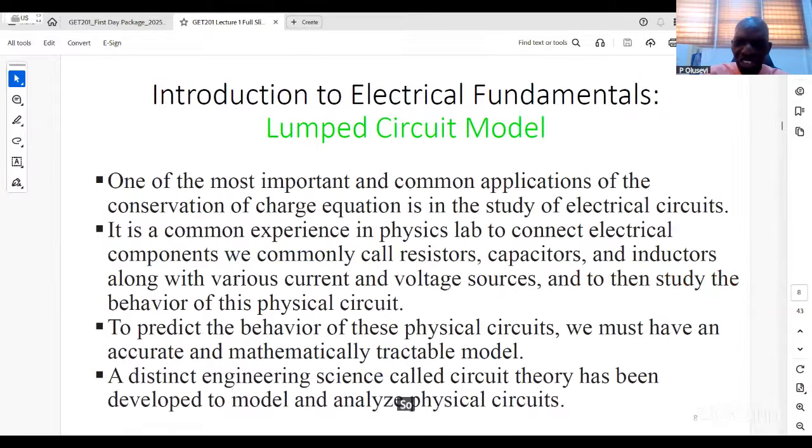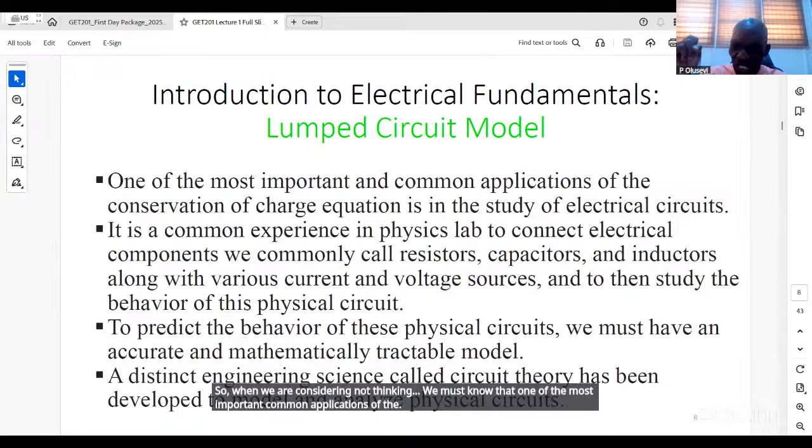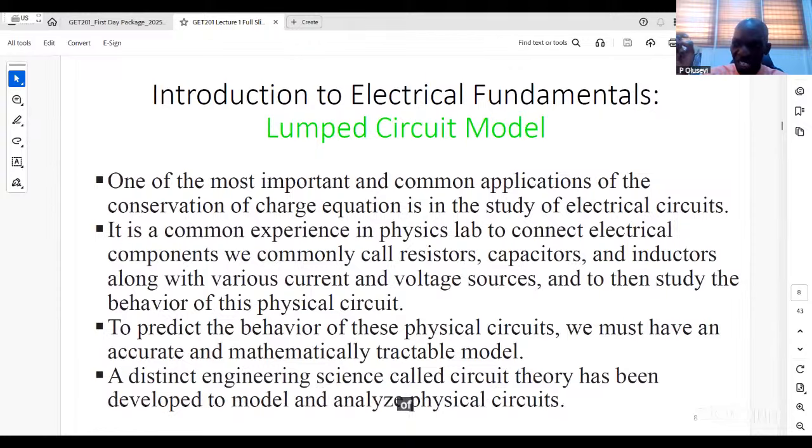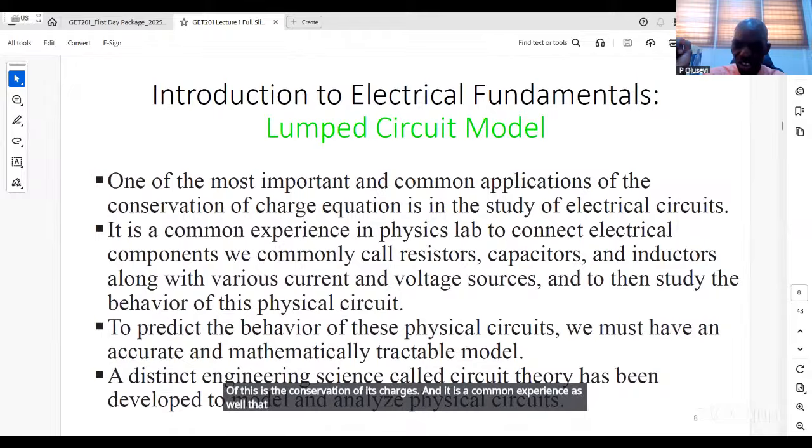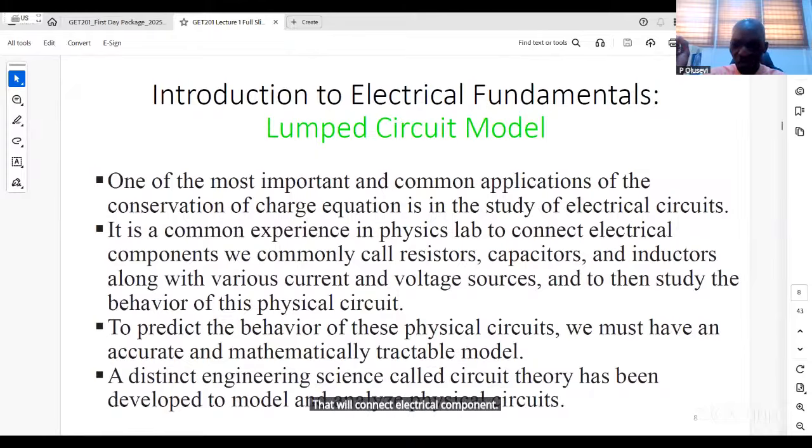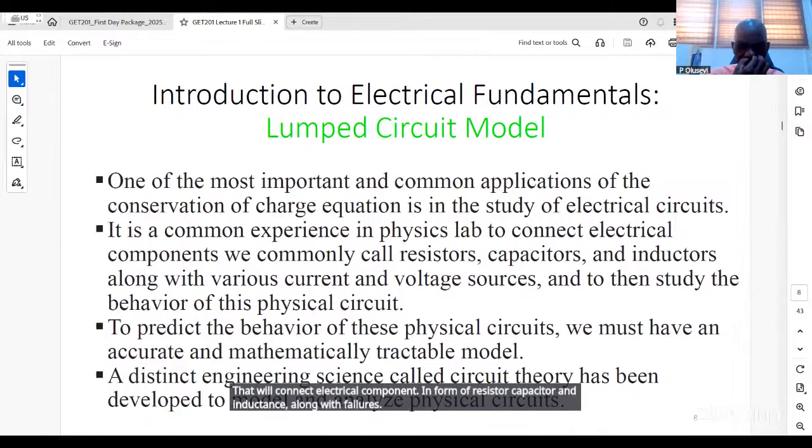When we are considering a lumped circuit, we must know that one of the most important common applications of this is the conservation of charges. It is also a common experience in a physics laboratory that we connect electrical components in the form of resistor, capacitor, and inductance along with various current and voltage sources.